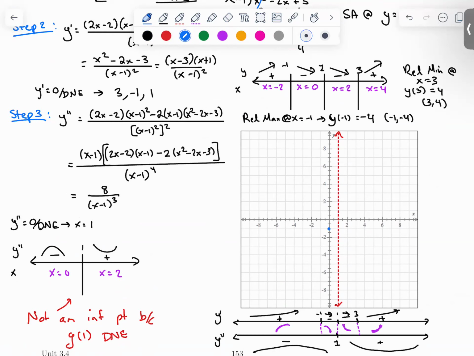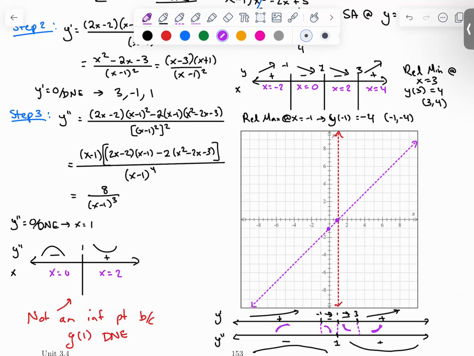So there and there. Let's go ahead and make that dotted line. I should have made those points in purple. Not that it super matters. Once again, it does not need to be perfect, but it's good enough.